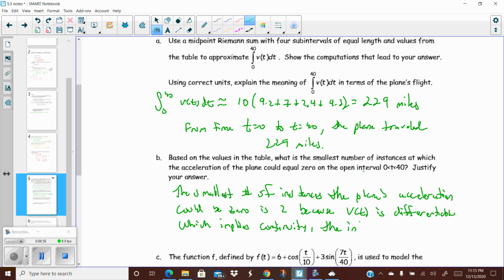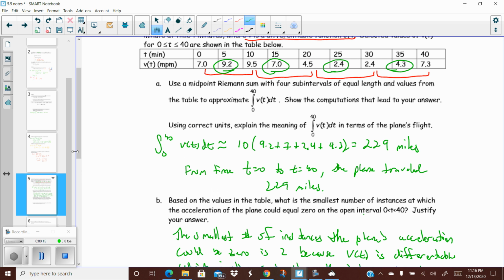The intermediate, whoops, I'm not trying to erase, I'm hitting the button on accident. Intermediate value theorem applies since v prime of t changes direction on, let's state the actual intervals.